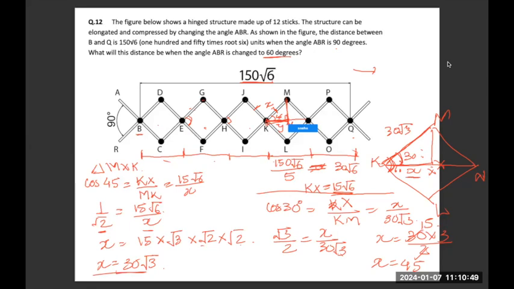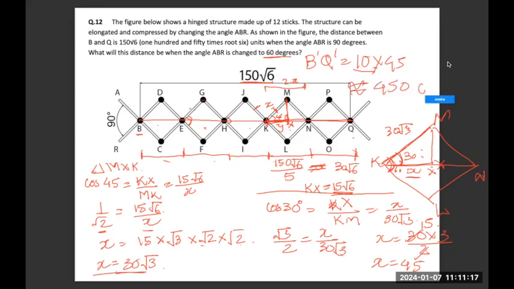There are 10 such components in this whole BQ dimension, because this total is 5 and one part is made up of 2x dimension. Likewise, I have 5 such dimensions. So updated B dash Q dash will be equal to 10 multiplied by 45, which will be equal to 450. The units are not provided, so I'll write just 450.